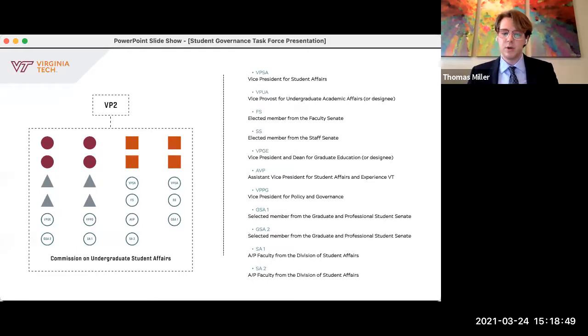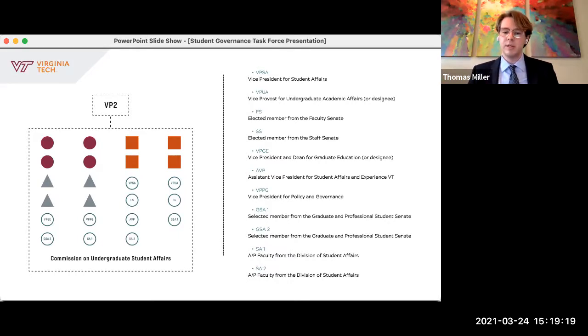As you can see here, there's 12 represented, and then there's also 11 or 12, it changes sometimes, ex officio members who are representatives, vice presidents, vice provosts, members from the faculty senate, the staff senate, and also AP faculty from the Division of Student Affairs, and many more people that help connect these students who are serving in leadership positions within the Senate to the institutional knowledge that's really important.